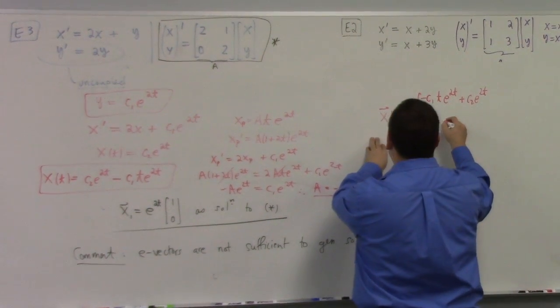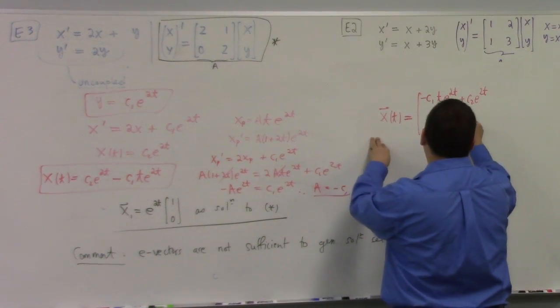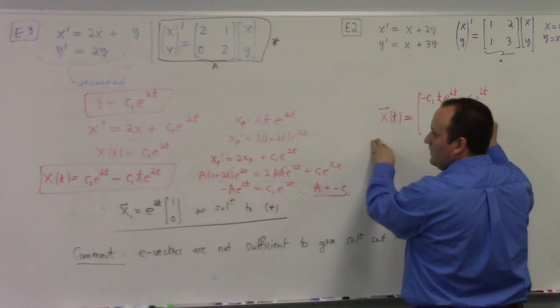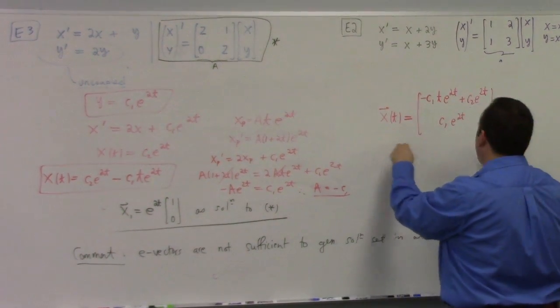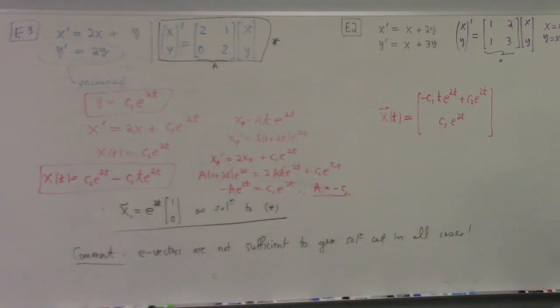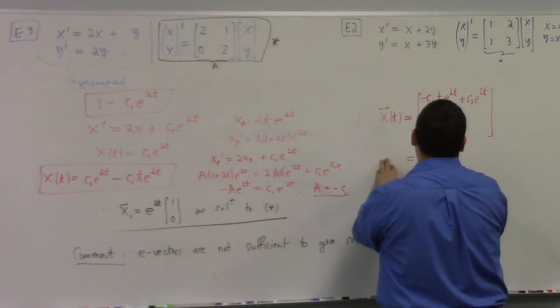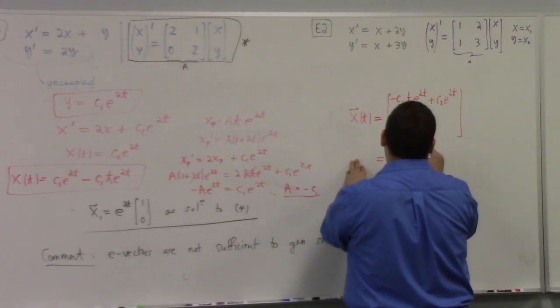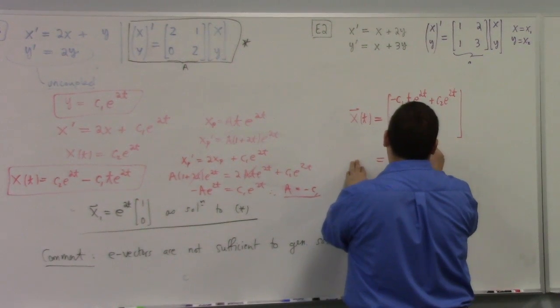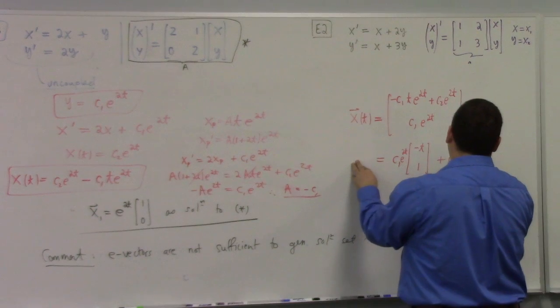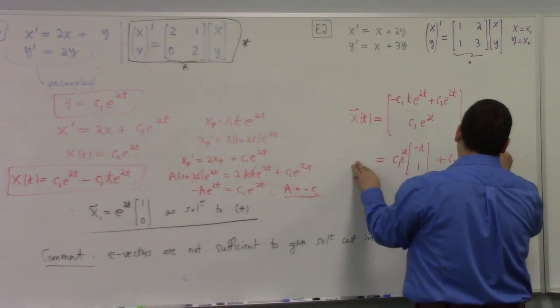And down here, what do we have? c1 e to the 2t. Did I do that right? So that looks like c1 e to the 2t times (minus t, 1) plus c2 e to the 2t times (1, 0).